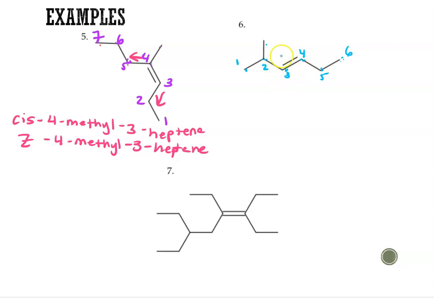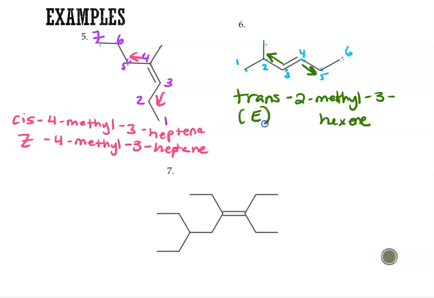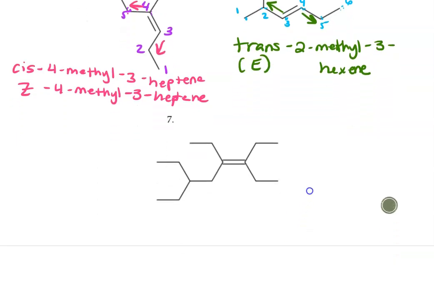Here there's only one substituent on each of these. So this is going up, this is going down, so this is going to be trans, 2-methyl-3-hexene, or E-2-methyl-3-hexene.